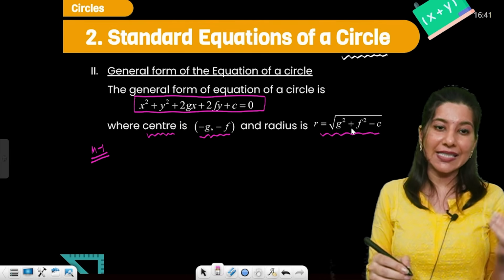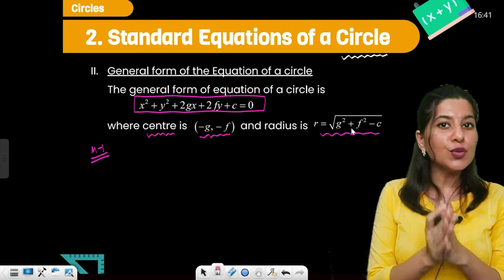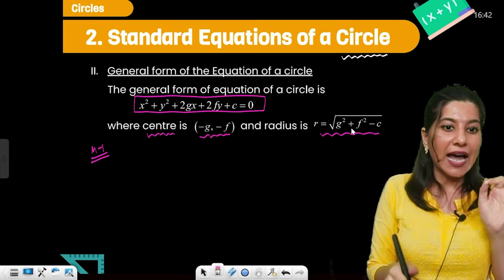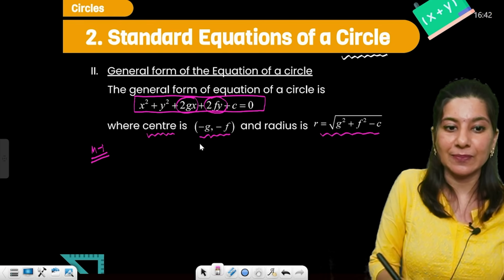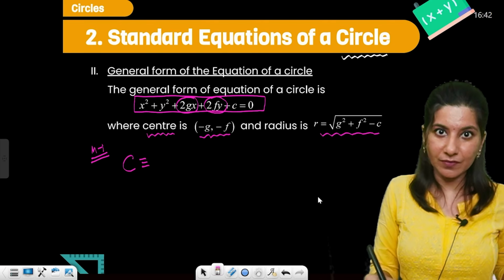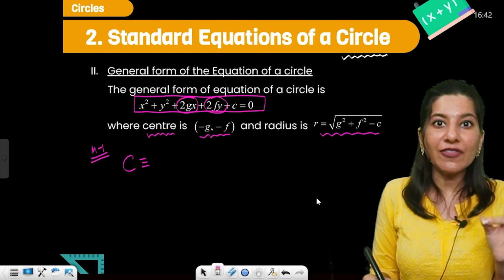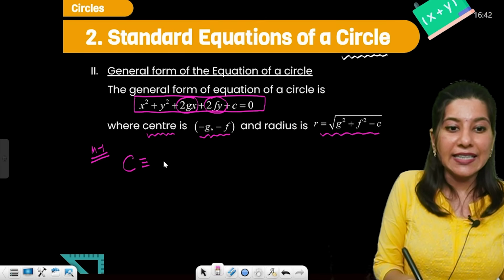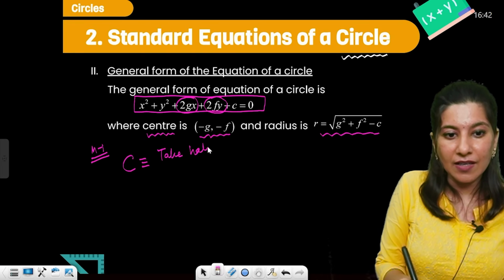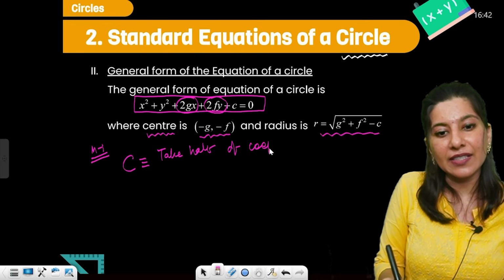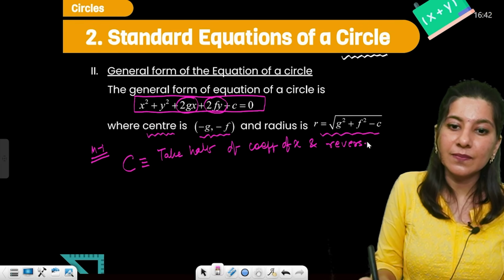So the moment you see x square plus y square plus 2gx plus 2fy plus c equals 0, you just need to look at the equation and identify the coefficient of x and coefficient of y. To calculate center, just identify coefficient of x and coefficient of y. So coefficient of x, what you need to do is take half of coefficient of x, reverse the sign, that's it.